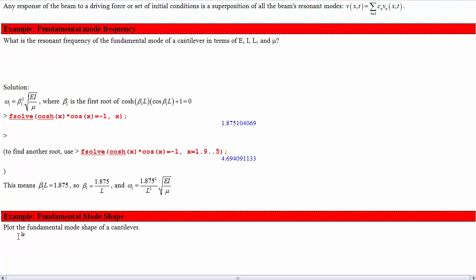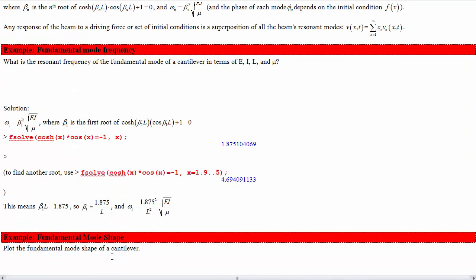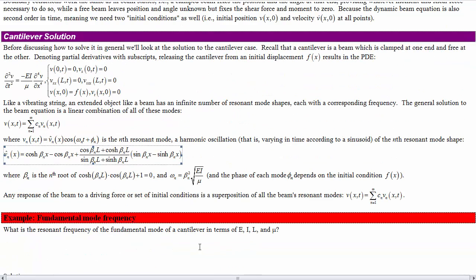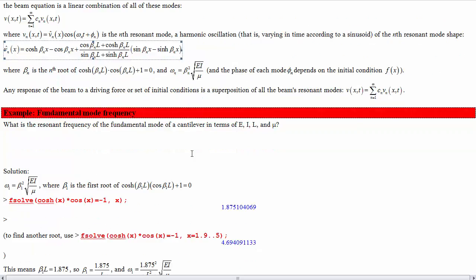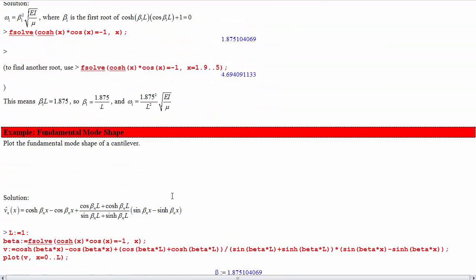Next example, plot the fundamental mode shape of a cantilever. So the mode shape. Well, that's just this function, and since it's the fundamental mode shape, that means it's the one using the beta that we just solved for. So in terms of L, you can plot what this is. Let's imagine we've got an L equals 1. All right.